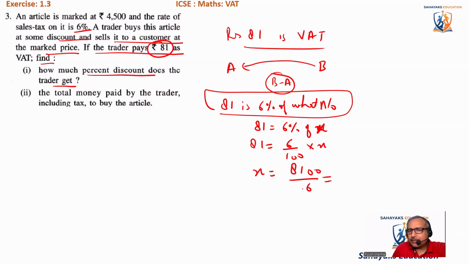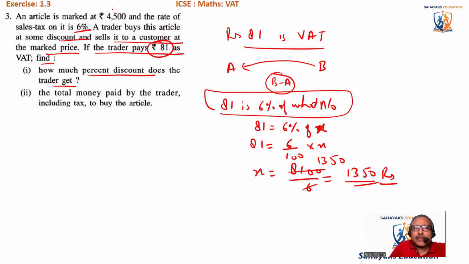If we compute it, 6 ones are 6, and 6 3s are 18, 6 5s are 30. So that means he has appreciated the value by 1350 rupees.